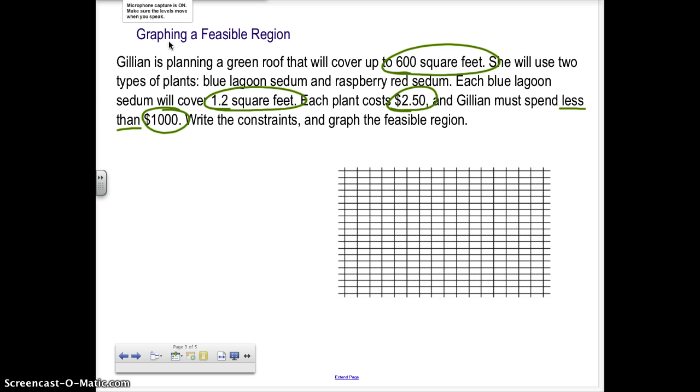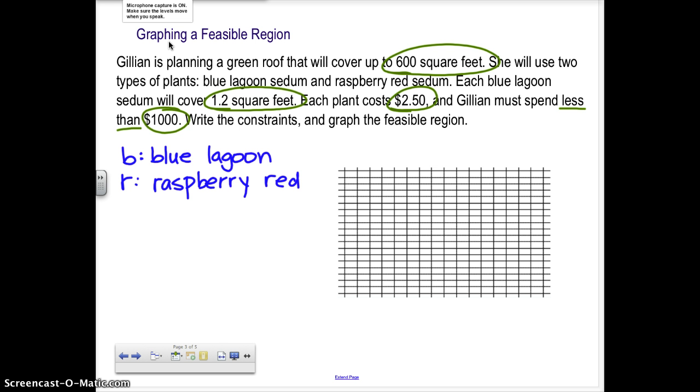Okay, so we have to write some equations. First of all, let's define a couple of variables. B is going to represent Blue Lagoon. R is going to represent Raspberry Red. Now that we have our variables, we can set up our equations.